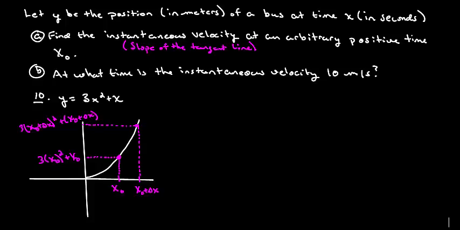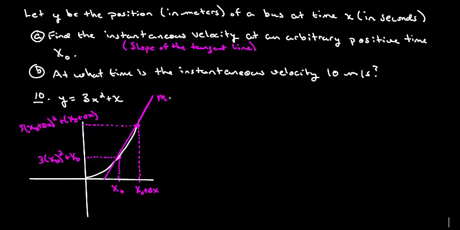So we're going to use those two, and we're going to find the secant line running through them. Well, we're not going to find the whole secant line. We're just going to find the slope of the secant line.